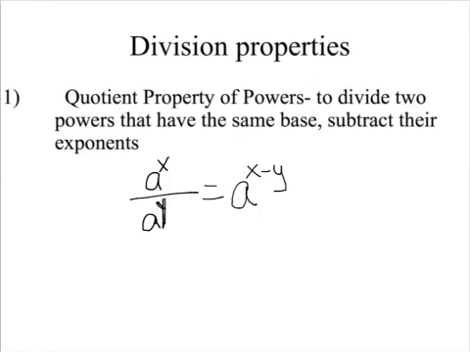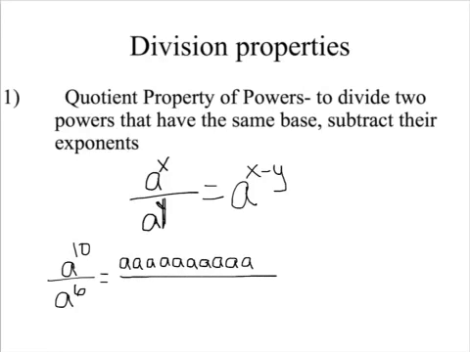So if you think about it, if I have a to the 10 over a to the 6th, and I expand that out, this means I have a times itself 10 times. 1, 2, 3, 4, 5, 6, 7, 8, 9, 10. And in the denominator I have a 6 times. Okay?